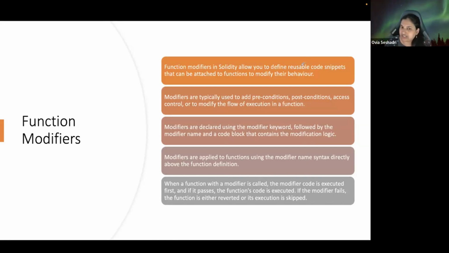It's basically reusable code, so you don't have to keep writing the same precondition and post condition, for example the only owner condition, which can be used across many functions. So this modifier will let you write reusable code for preconditions and post conditions. Let's directly look at this with an example.